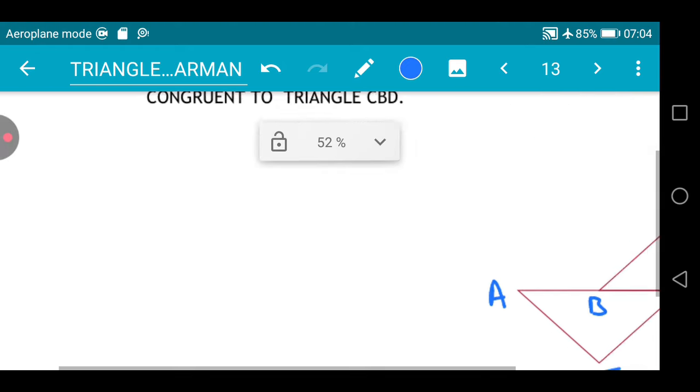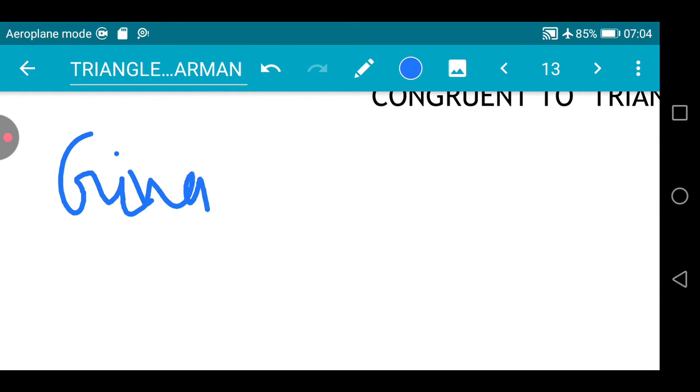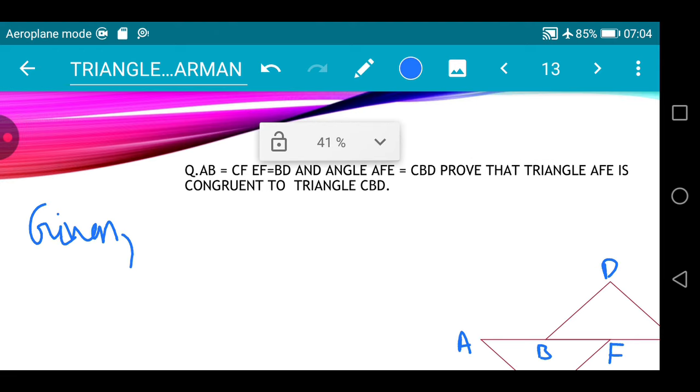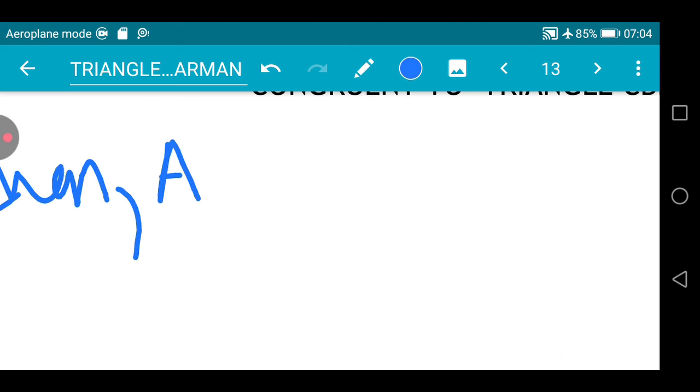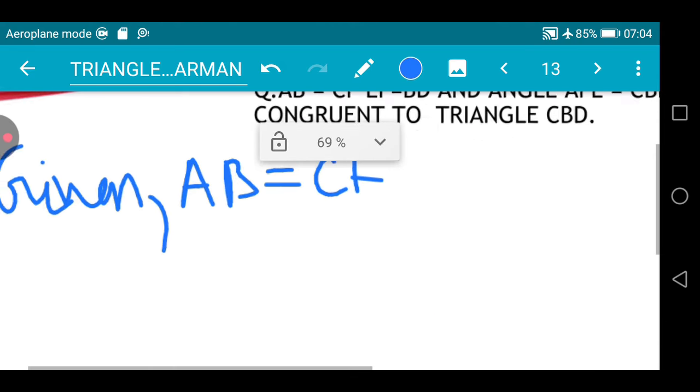What is given? There are always four steps to solve a question in the geometry part. One is AB equal to CF, which is given.